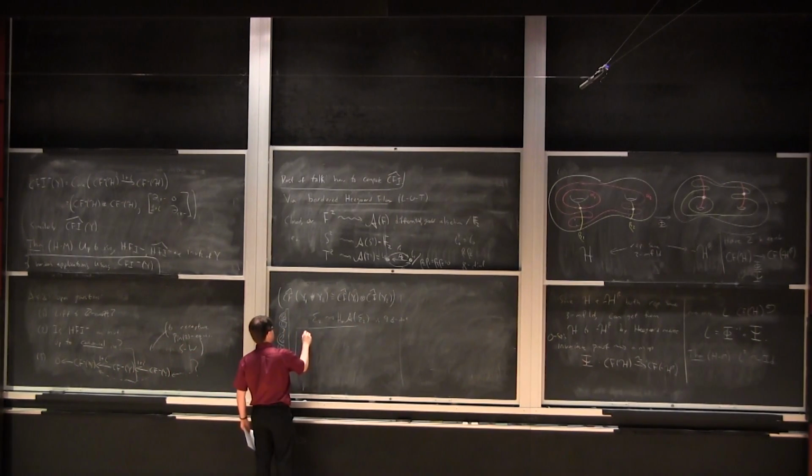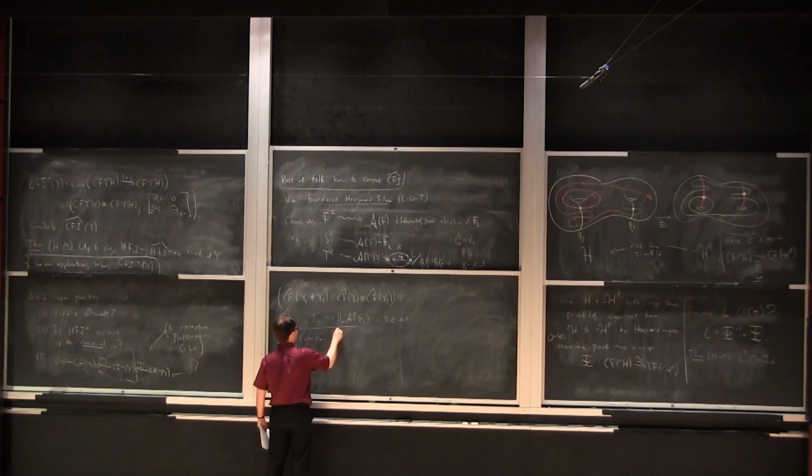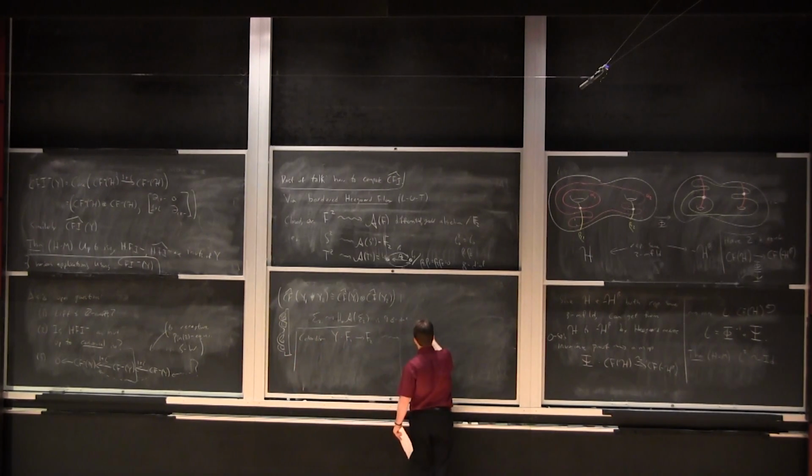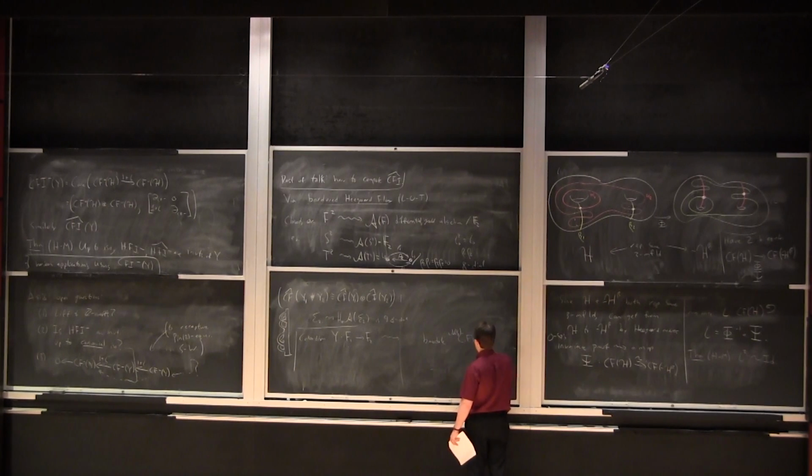If you have a cobordism Y between surfaces F1 to F2, you get a bimodule which I'll call CFDA of Y over A of F1 and A of F2.